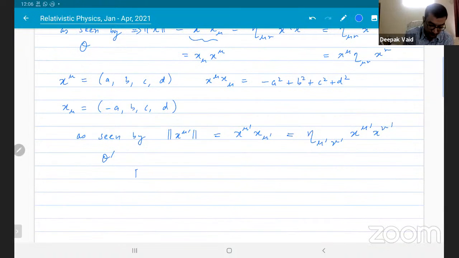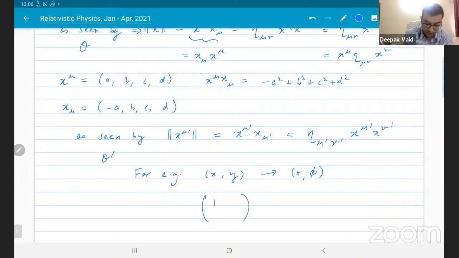For example, when you go from Cartesian coordinates to polar coordinates, what happens to your metric? Your metric goes from being 1, 1 to this, right? You get a factor of r squared here.